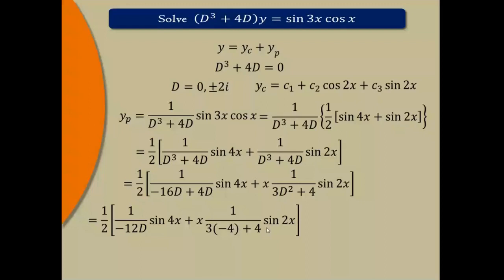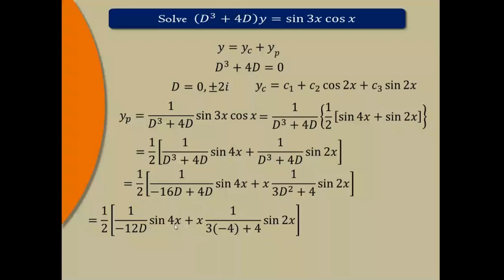Now here we get a single D, and 1 by D stands for integration. So you can take the integration of sine 4x, or otherwise multiply and divide by D. By that we get D square here and D there. Replace D square by minus 4 square, and D of sine is cos, so 4 cos 4x.